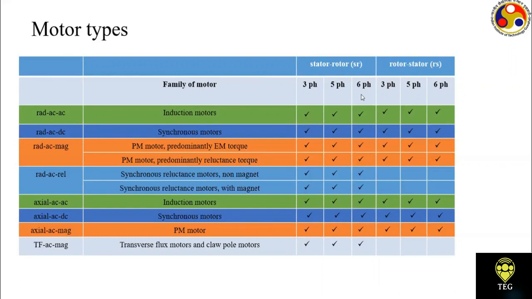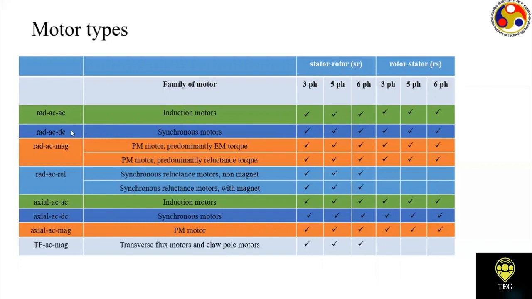Okay, now let's see, based on the direction of the magnetic field, what is feasible. If you have a radial direction of the magnetic field and you have an AC excitation on the stator and AC excitation on the rotor, then this falls in the family of induction motors. You can have an inner rotor motor, you can also have an outer rotor motor, and you can have 3, 5, and 6 phases for inner rotor as well as for outer rotor.